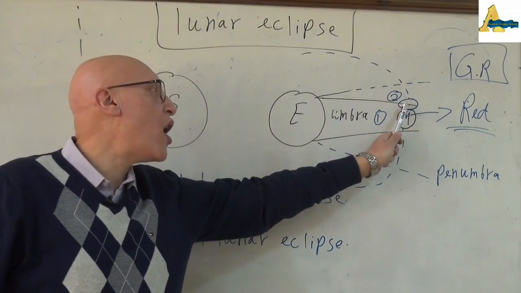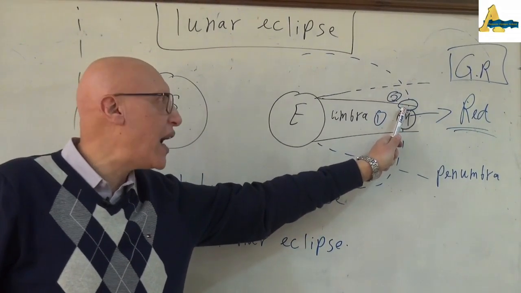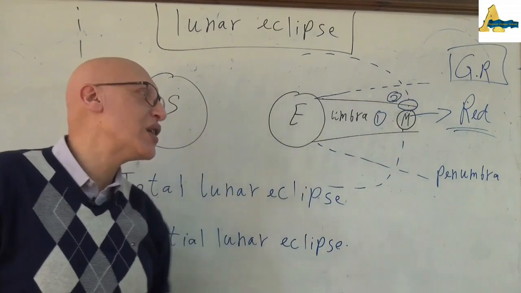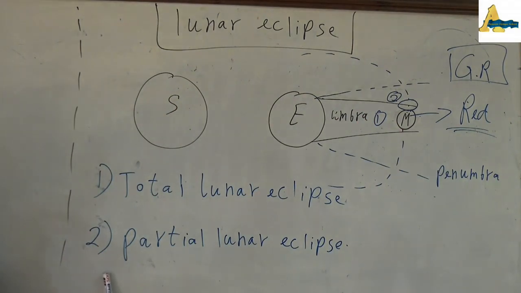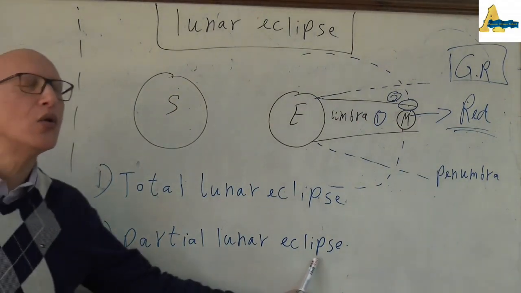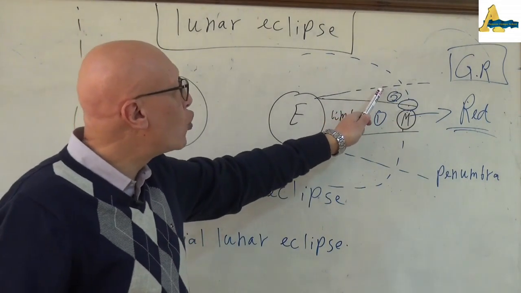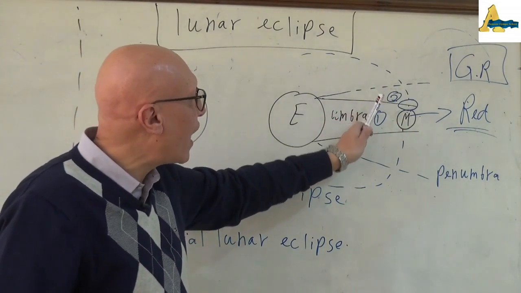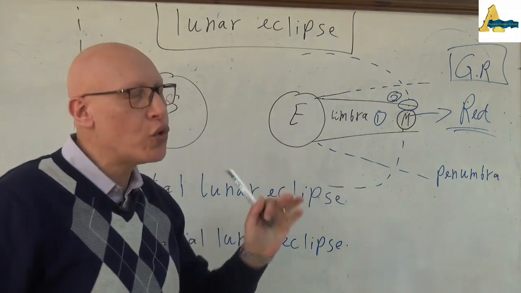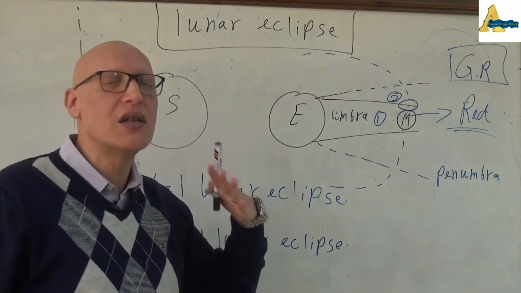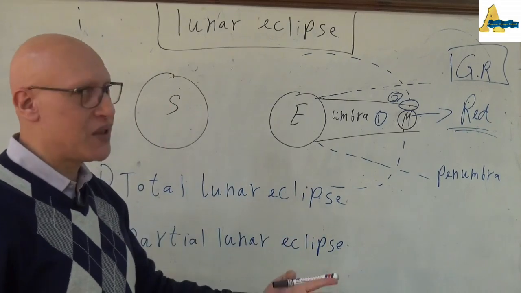While when a part of the moon is in the umbra area and the other part is in the penumbra area, here is the second type of lunar eclipse, which is called partial lunar eclipse. But when the whole moon enters the penumbra area, here or here, the moon seems to be faint in color, and this is known as lunar non-eclipse.